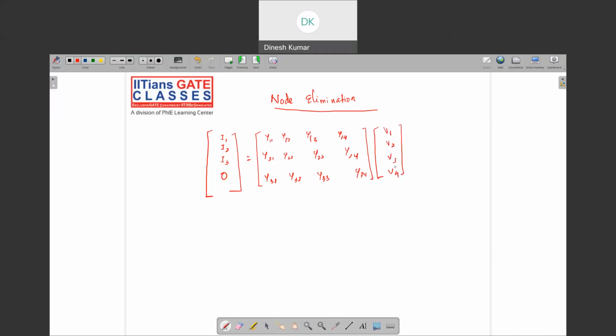Right. So now we can check here. This Y matrix is always a symmetric matrix. Now we will do a small manipulation. We'll draw two lines here, like this.